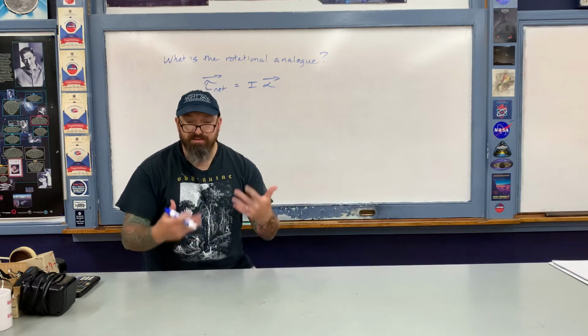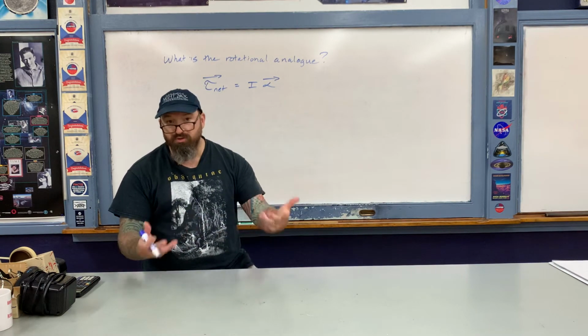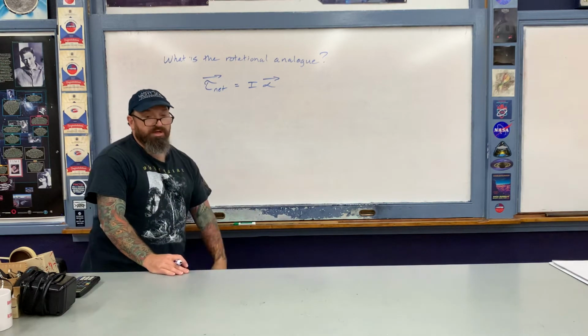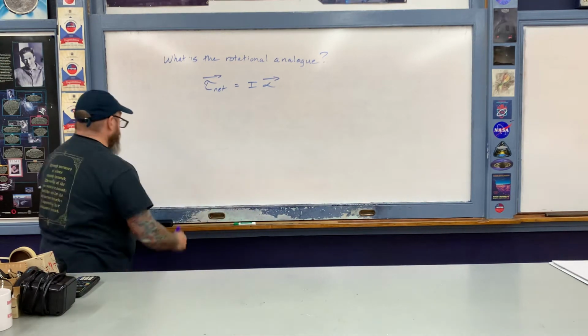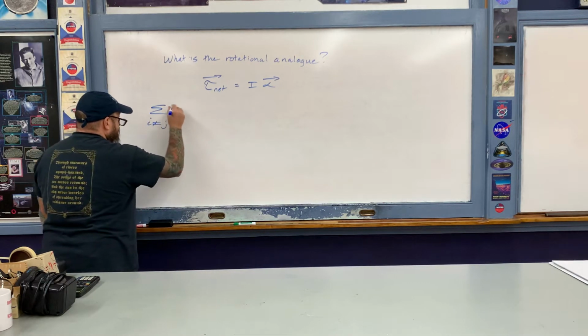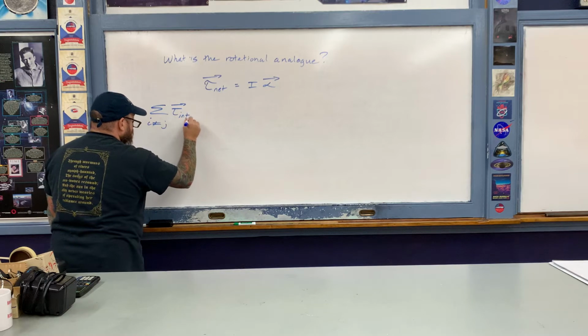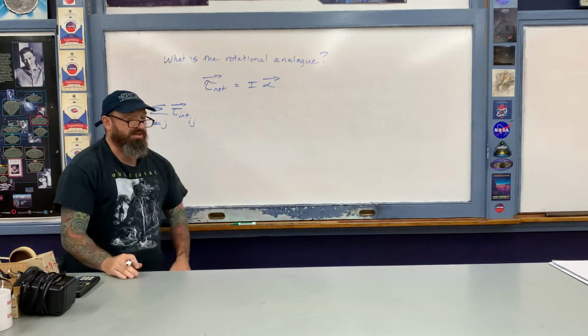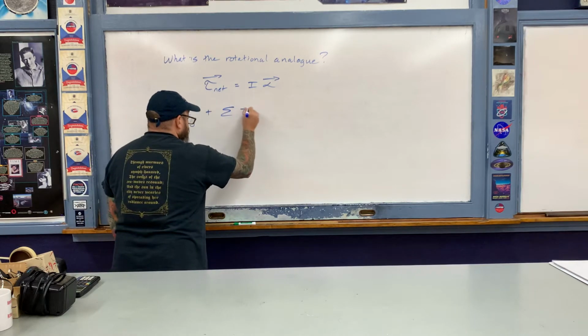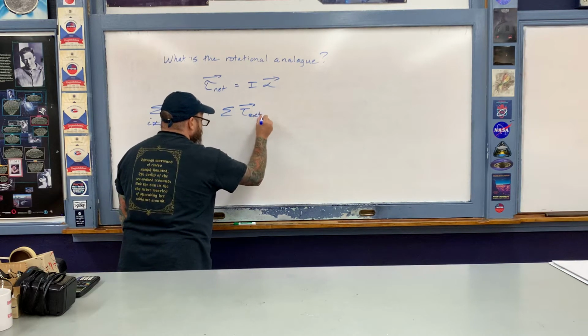Let's now begin to think of this once again in terms of a distribution of matter or a system. So the left-hand side of the expression I'm now going to write in the following way. I'm going to write this as the sum of the internal torques that occur in between the objects that make up the system, plus the sum of any external torques that may be present.